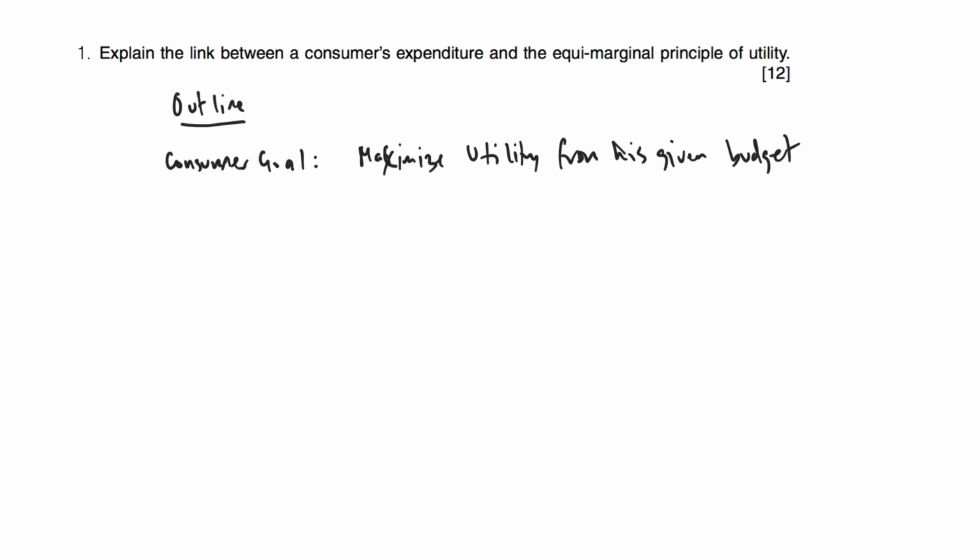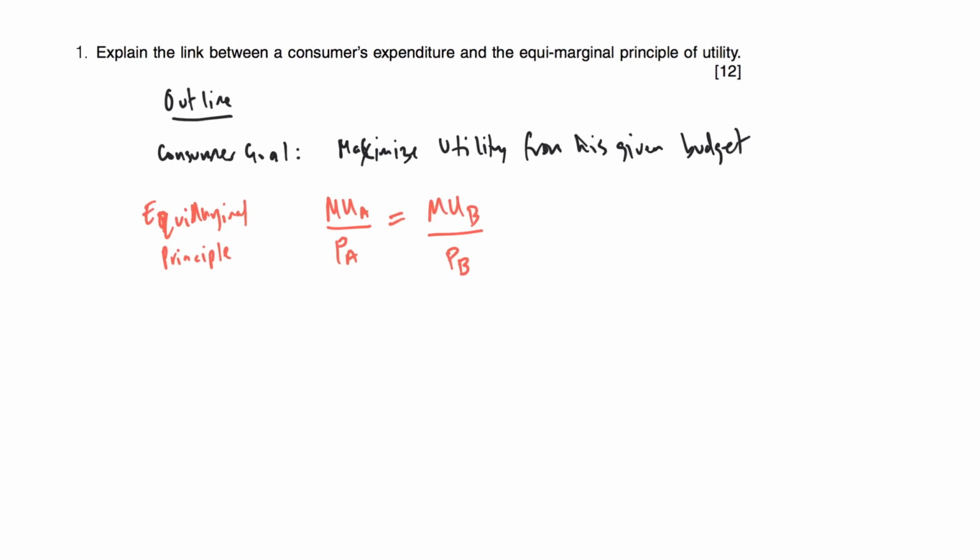How does he achieve that? He achieves that through the equi-marginal principle, which is MU per dollar spent of good A, or MU over price of good A, should be equal to MU of B over price of B. So that would be what we need to write.